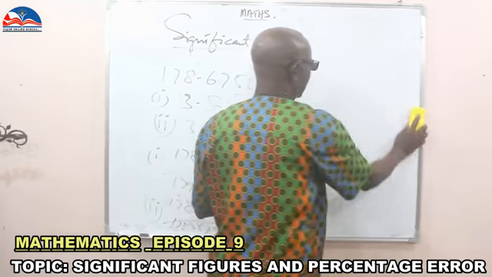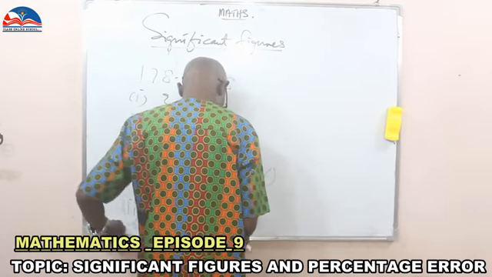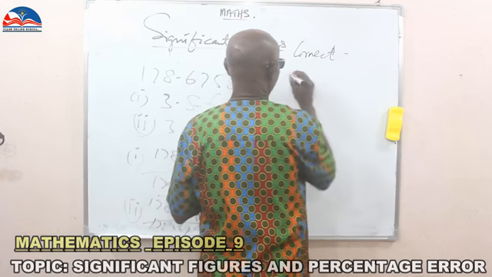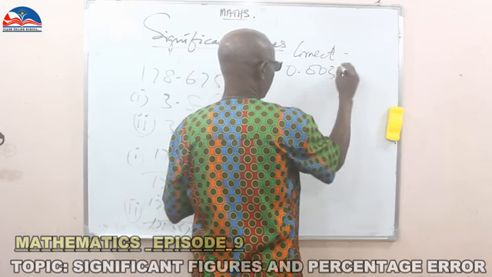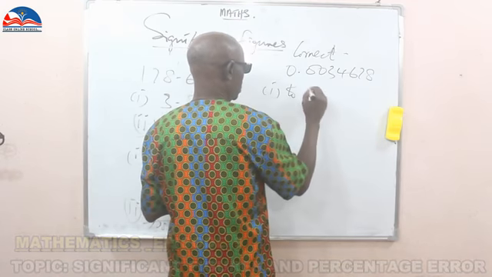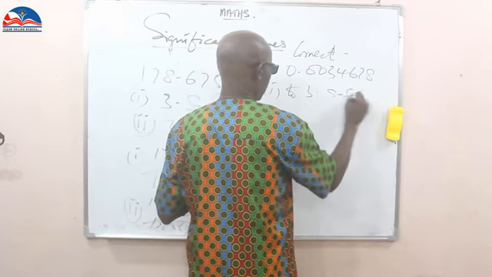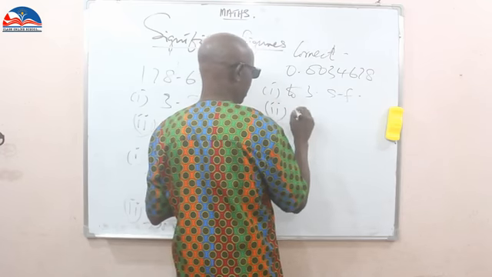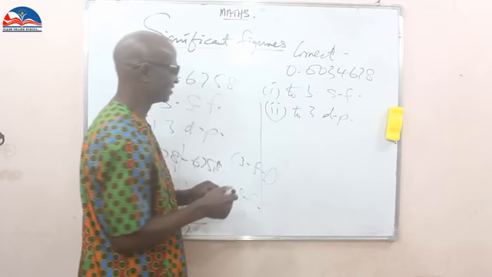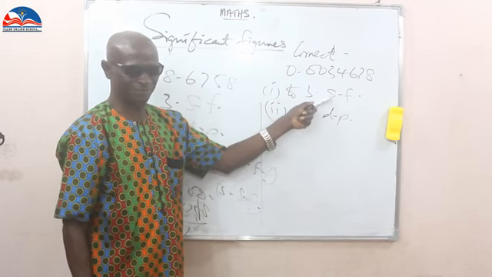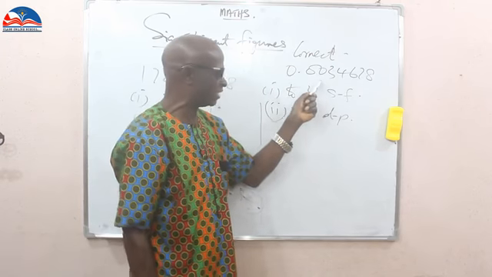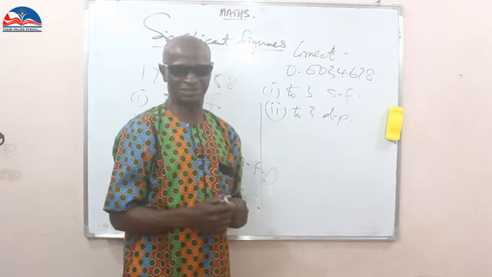If I ask to correct this number again, 0.0034678 to 3 significant figures, and number 2, the same number to 3 decimal places. Here, we're talking about 3 significant figures, the first 3 numbers. The zeros here, 0.00, before this number are insignificant.